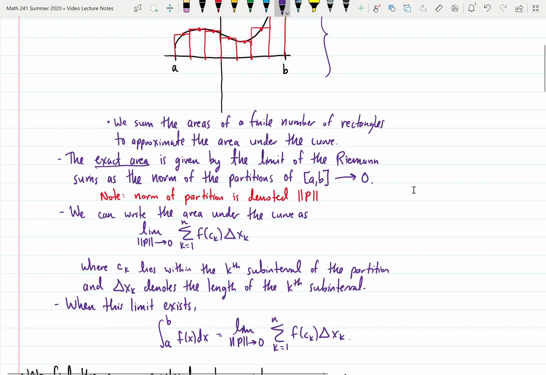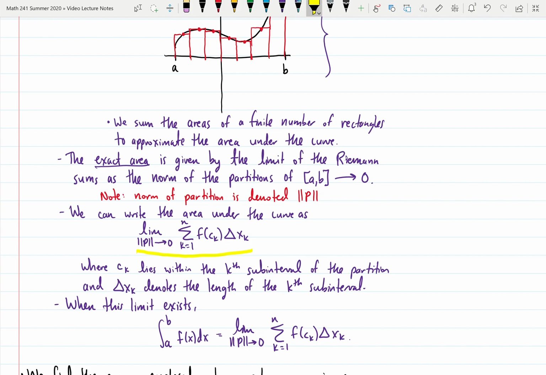And we can write the area under the curve as this expression down here. So we have the limit as the norm of the partition goes to 0 of the sum from k equals 1 to n of f of c sub k times delta x sub k.